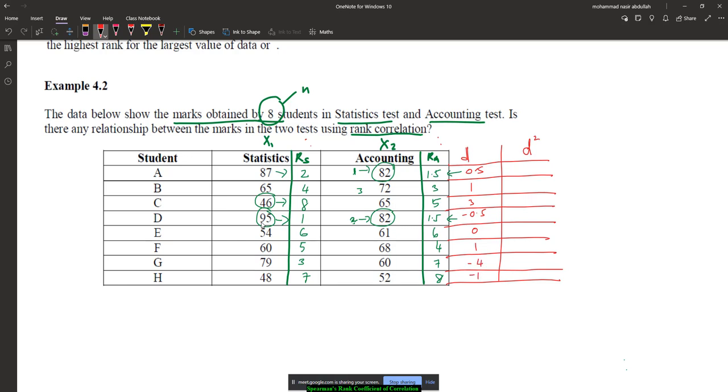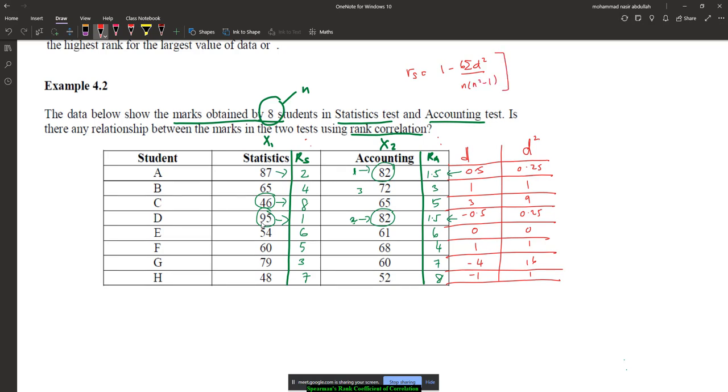And then we take d squared, which is 0.5 squared is 0.25. This is 1, 9, 0.25, 0, 1, 16, and 1. Right? Looking at the formula, RS is equal to 1 minus 6 multiplied by the summation of d squared divided by n times n squared minus 1.